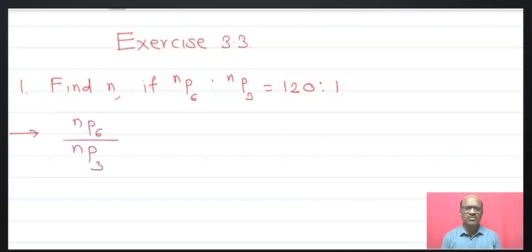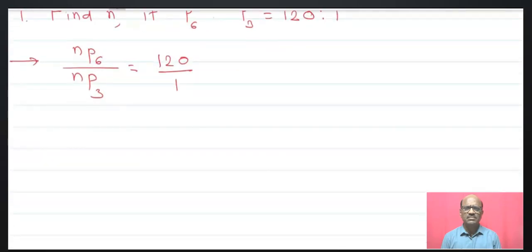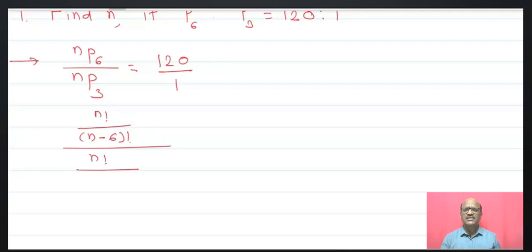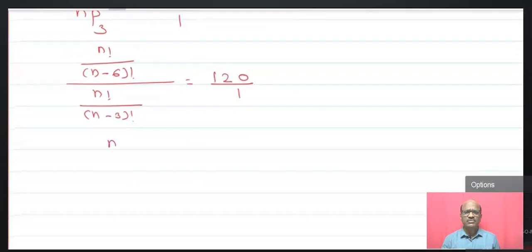Now nP6 upon nP3 is equal to 120 upon 1. Now we apply the formula n factorial upon n minus r factorial, that is n factorial upon n minus 6 factorial, upon n factorial upon n minus 3 factorial, equal to 120 upon 1. This is very simple. We have applied the formula.